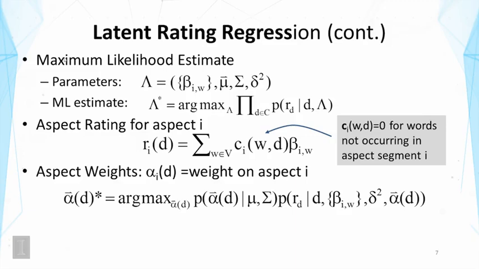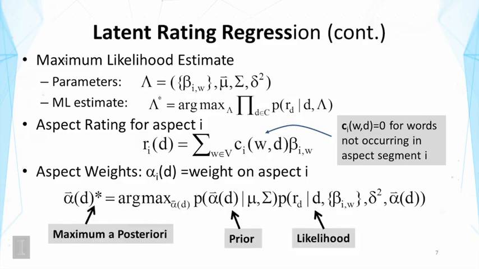Now, what about the aspect weights? Alpha sub I of D, well, it's not part of our parameters, right? So we have to use Bayesian inference to compute it. And in this case, we can use the maximum a posteriori to compute this alpha value.